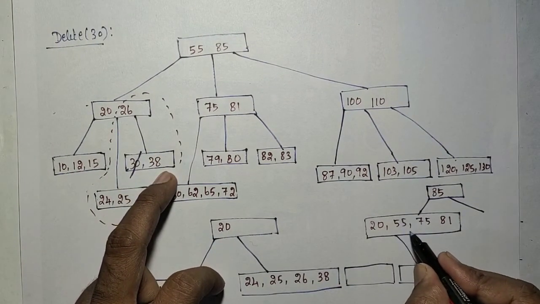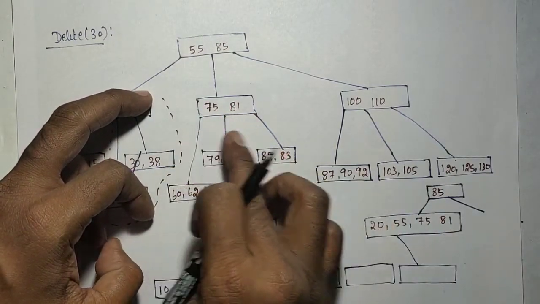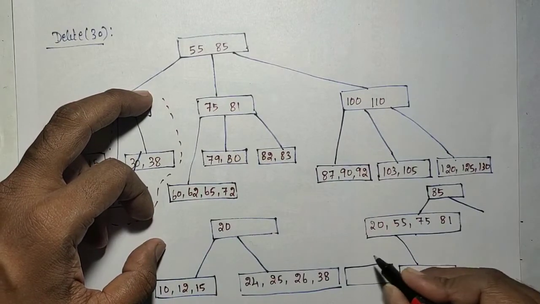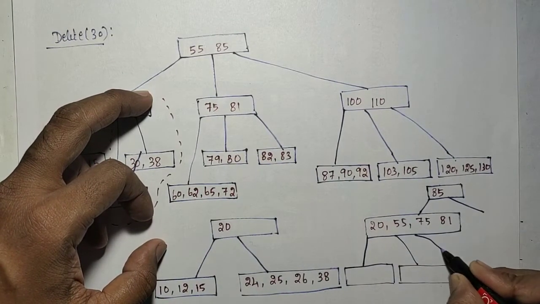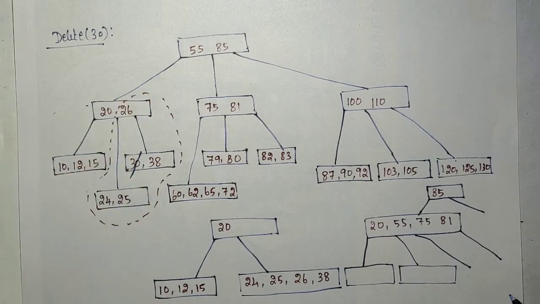And the right of the 55 will be 75, 81 merged. The three branches of the 75 will be continued as it is. So this is continued, and this is continued, and this is also continued.